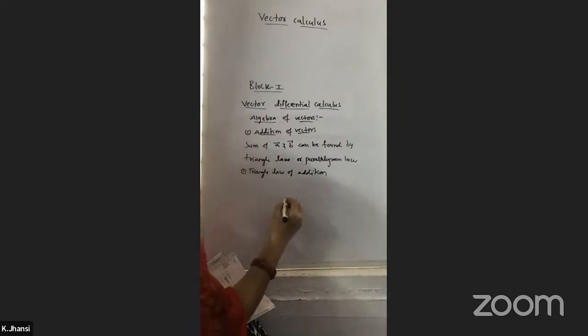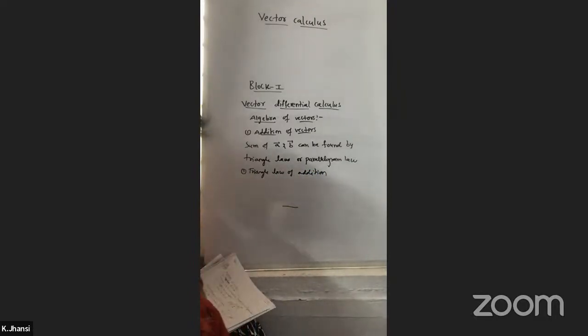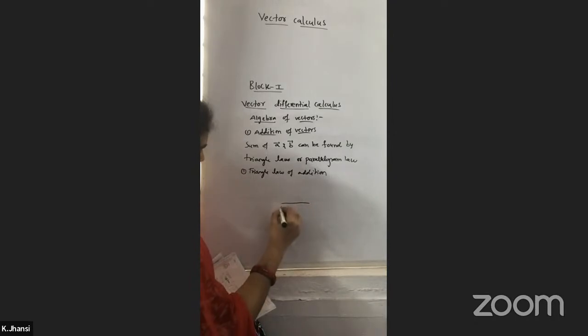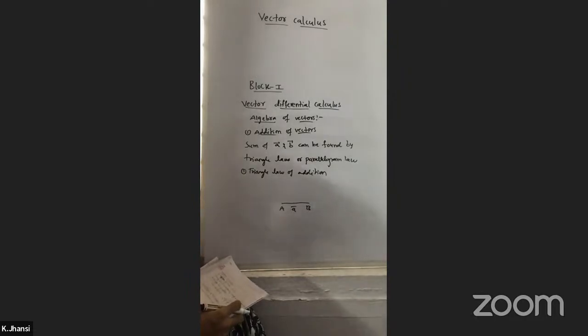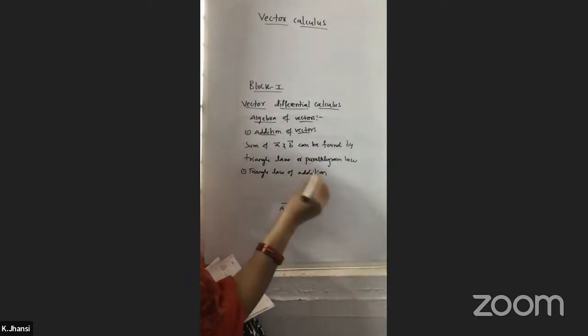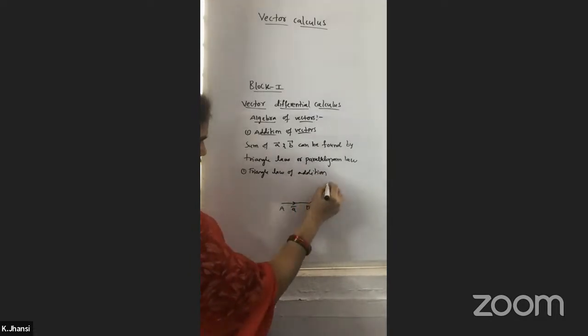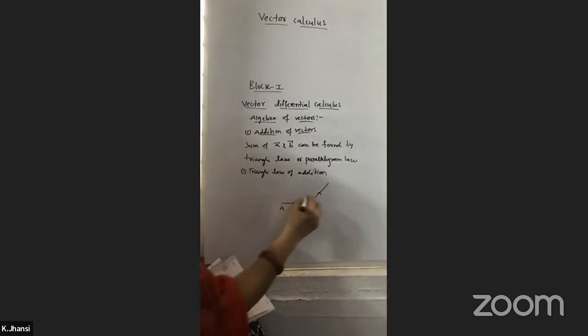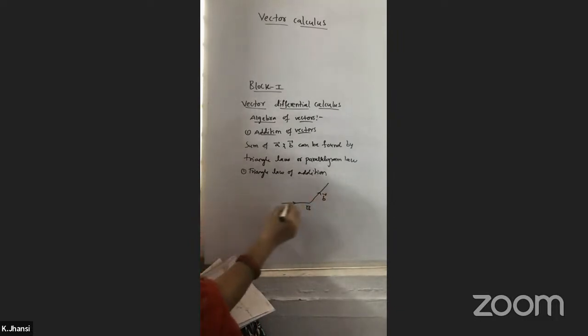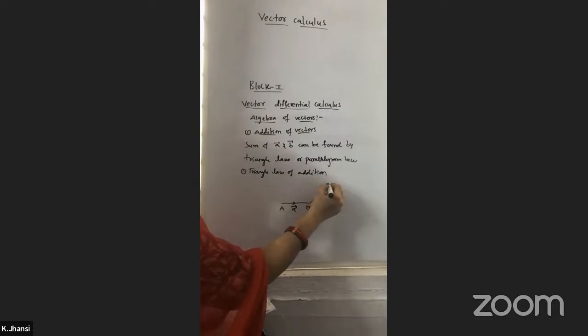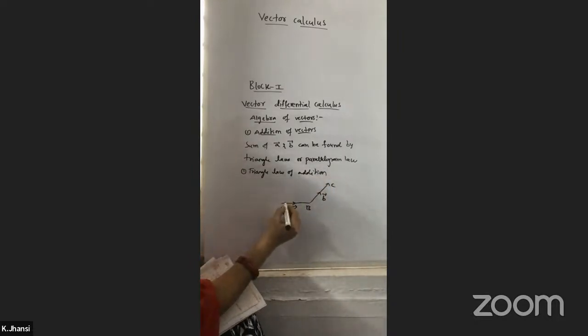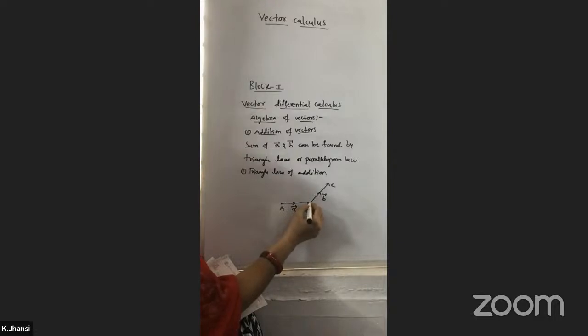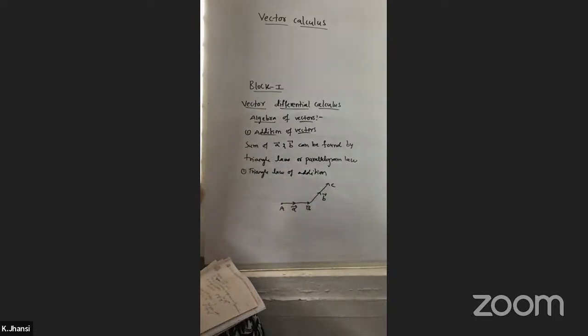In this, if you take any vector AB, take this as vector A, and from B to C, this is the direction, and this is vector B. Here we represent the end as C. We know this is the tail and here you will have the head, and again we join the tail of another vector to the head of that one.